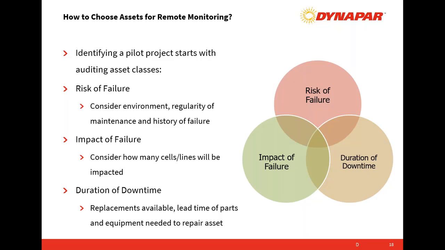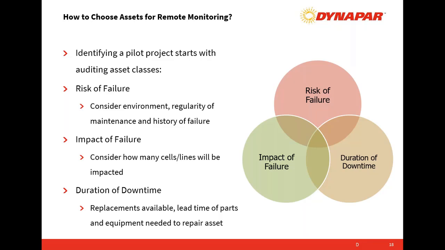Identifying the pilot project starts with auditing asset classes by the following 3 conditions: risk of failure, impact of failure, and duration of downtime. For risk of failure, consider if the environment or access is difficult, or the regularity of maintenance or history of failure. For impact of failure, consider if a piece of equipment fails, will multiple processes be affected, resulting in major downtime?